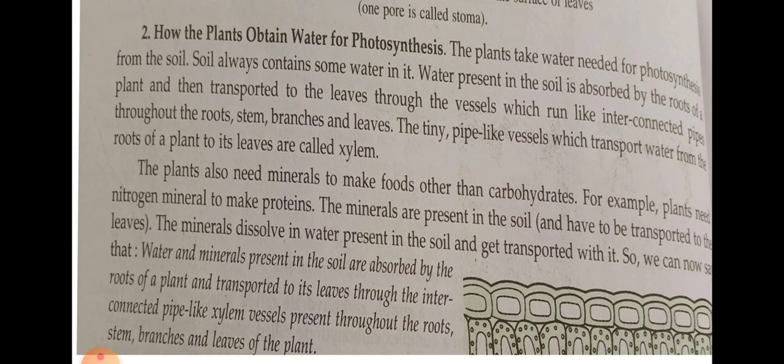Water present in the soil is absorbed by the roots of the plant and then transported to the leaves through the vessels, through tiny pipes. And when water is transported through the pipes, there are interconnected pipes throughout the roots, stems, branches, and leaves.